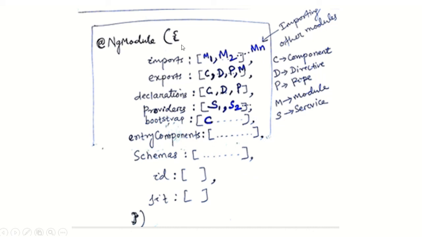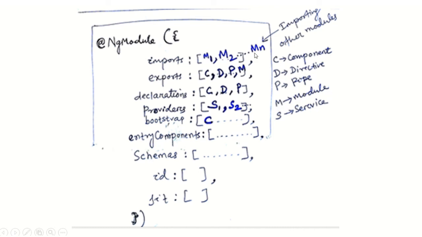If we go to the actual syntax, we define a module like this: NgModule, then parentheses, curly brackets, and closing. Imports: different modules, n number of modules we can import. Exports: we can export components, C for component, D for directive, P for pipes, and other modules also.